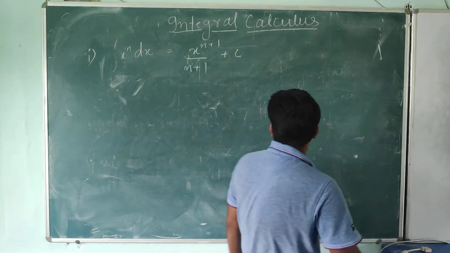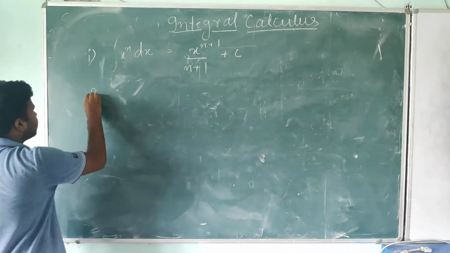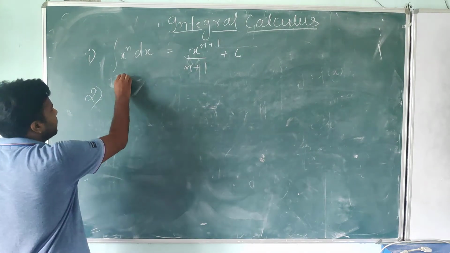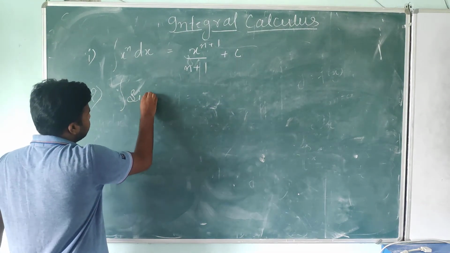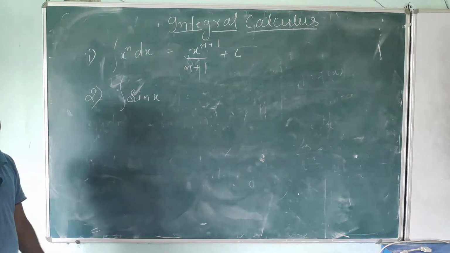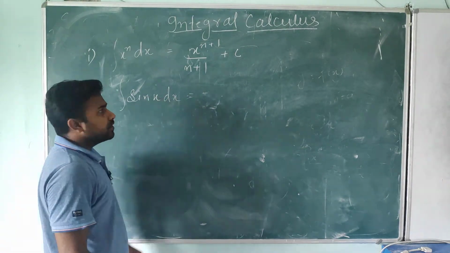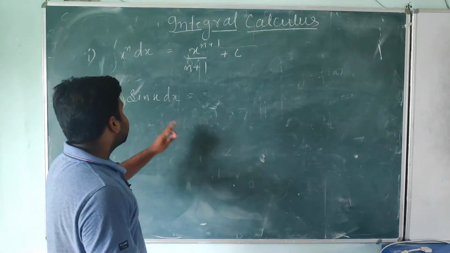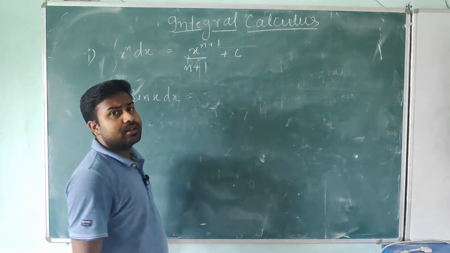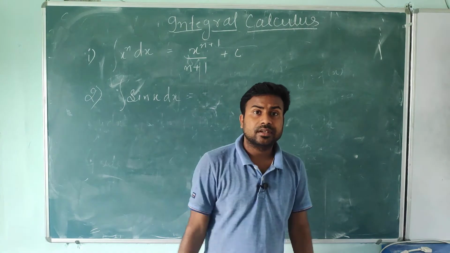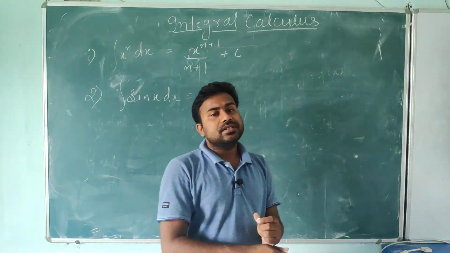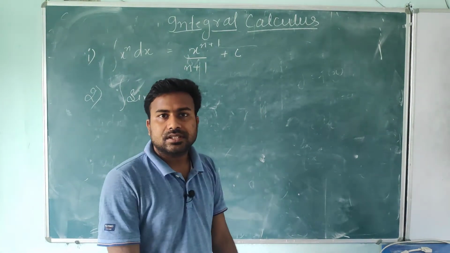Okay, student. So now I am starting the second formula. The second formula is the integration of sin x with respect to dx. If you are integrating, what will you get, student? Actually, which function's differentiation is sin x?